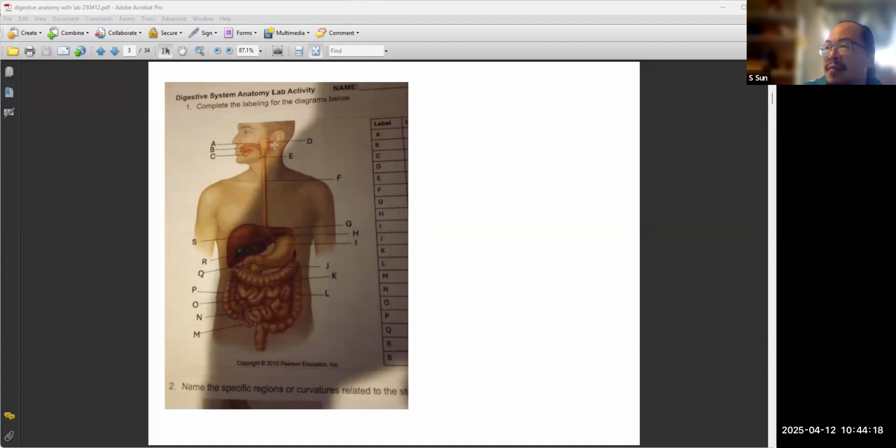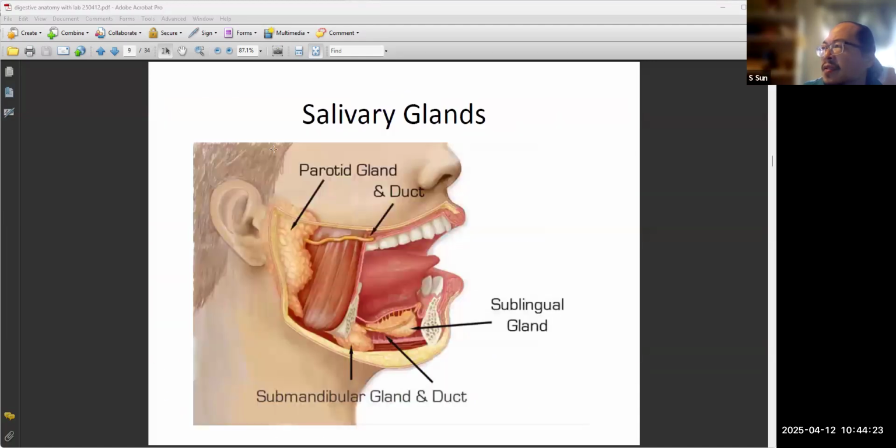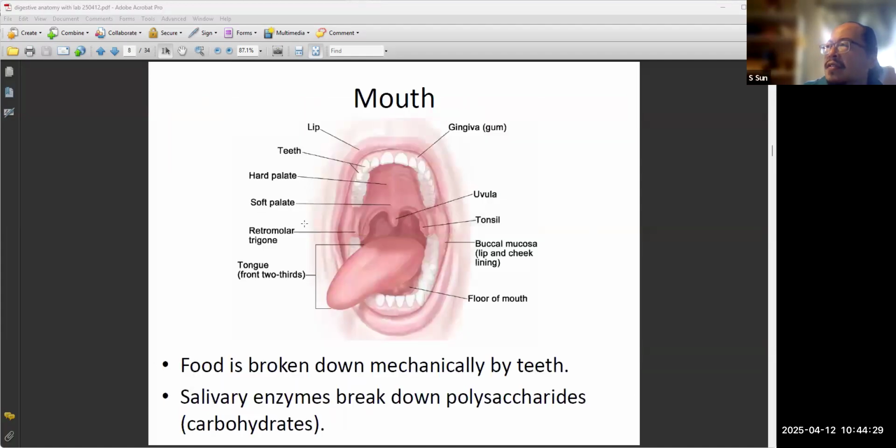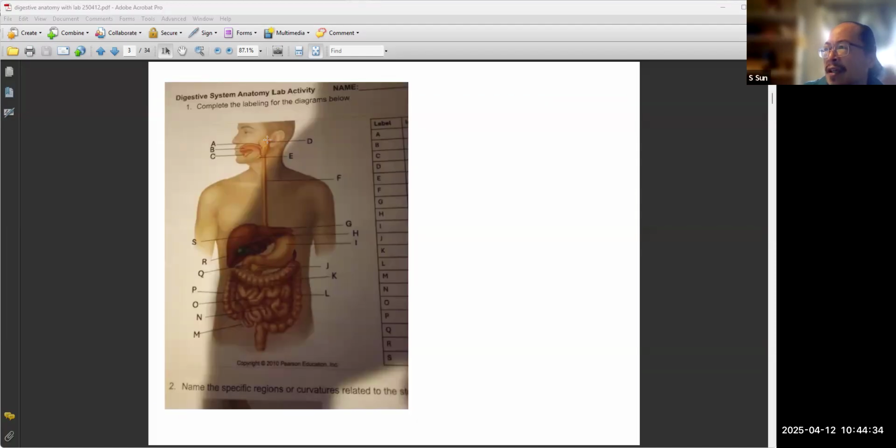This one here, let me double check, is the parotid gland. So that's A, B, C, D, and E. And then here, food going down here. F, this is the esophagus.